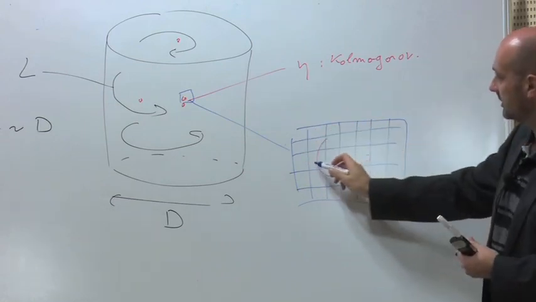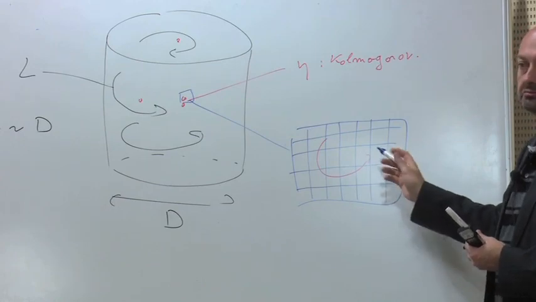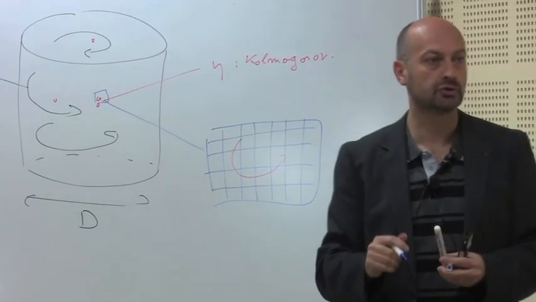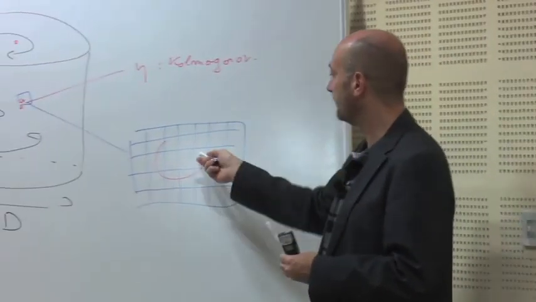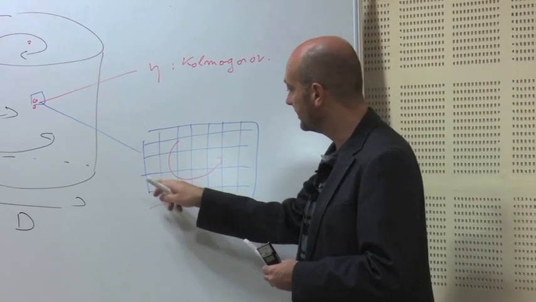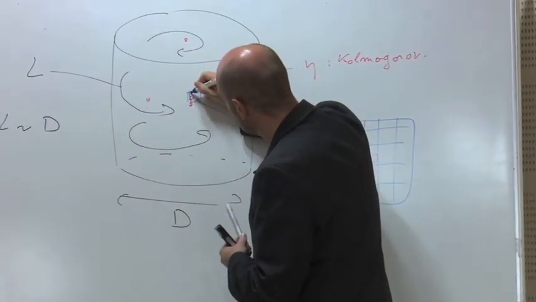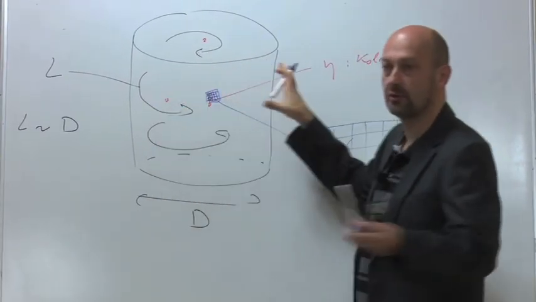With a grid like this, within that vortex, I will have 4 or 5 grid points. That's enough to capture the flow structure, the flow field of that very small vortex. So you see that I will have grid points like this, and I need to mesh the whole domain.